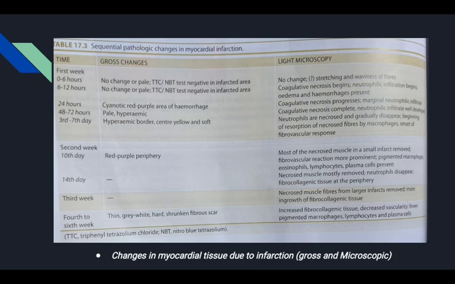Neutrophils disappear. Fibrocollagenic tissue at the periphery. Around the third week, necrosed muscle fibers from a large infarction removed. More ingrowth of fibrocollagenic tissue. Around the 4th to 6th week, increased fibrocollagenic tissue, decreased vascularity, fewer pigmented macrophages, lymphocytes, and plasma cells.